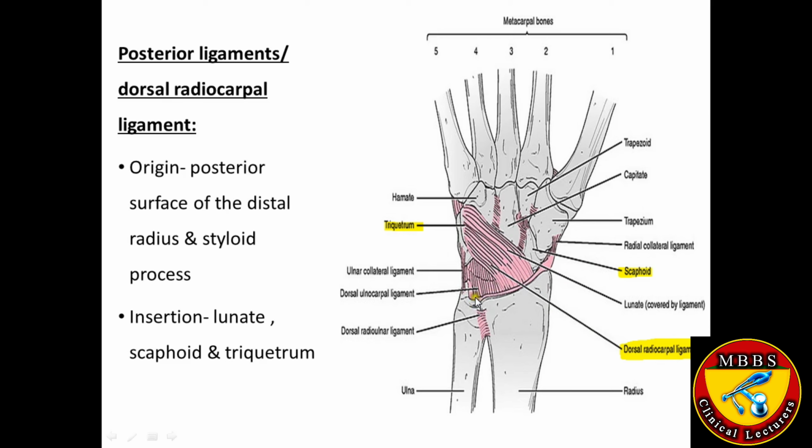From these distal ends this large radiocarpal ligament originates. It goes obliquely upward and reaches the triquetrum bone. This is the posterior ligament, which is present on the dorsal side.